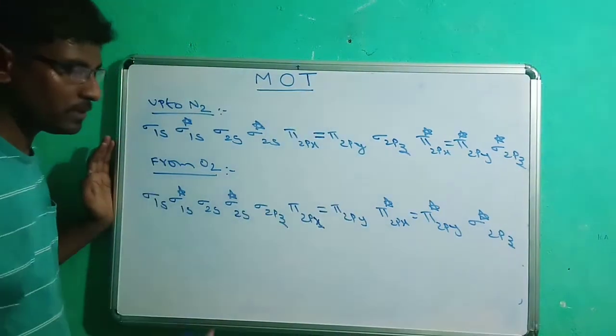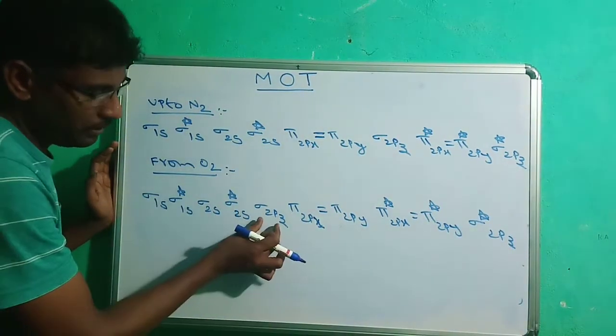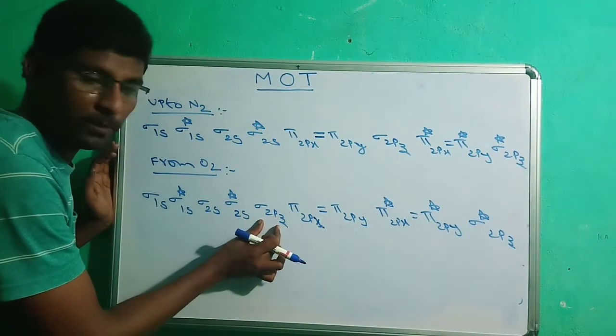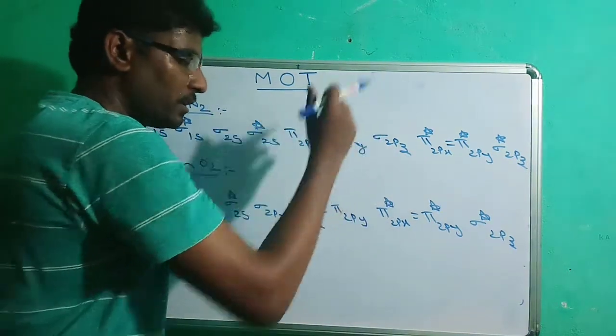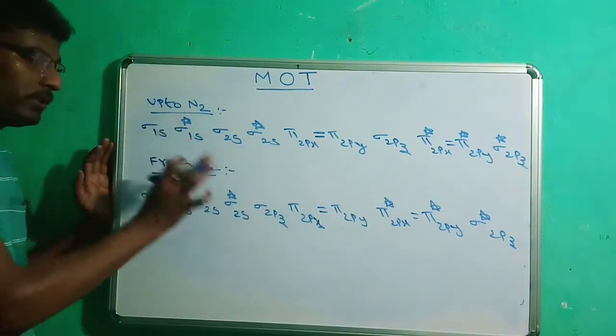There is only one simple difference between these two sequences. Here the sigma 2pz orbital will be lower in energy. Here the sigma 2pz orbital will be higher in energy. That is the only difference between these two sequences.